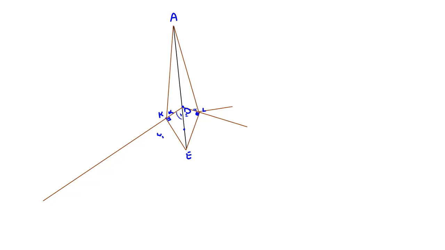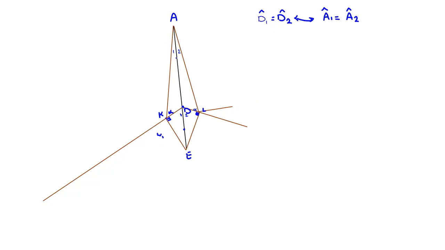If D1 equals D2, because it is an exterior angle of this, we conclude that, for example, A1 also should be equal to A2. So D1 equal to D2 is equivalent to angle A1 equal to angle A2. Okay, let's write the angle symbol here.